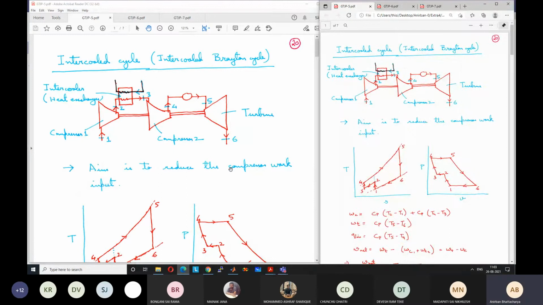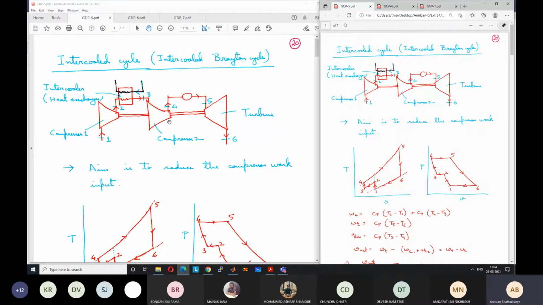So in the previous class, we had discussed this intercooled Brayton cycle. Before that, we have discussed a few other cycles. If you remember, we started with the simple Brayton cycle and saw how its efficiency and the net specific work output vary with the process parameters.